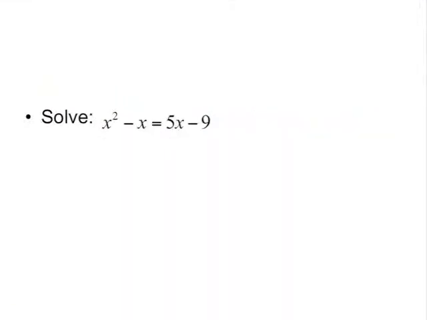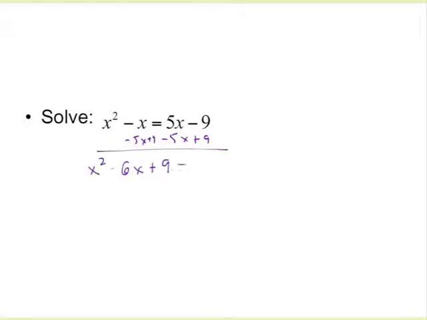Right, so in this one we've got stuff on both sides. So our first step is we need to get everything together on one side of the equation. It does not matter which side. So I will move everything over to the left side. Then a is what is in front of x squared, b is what is in front of x, and c is the constant.